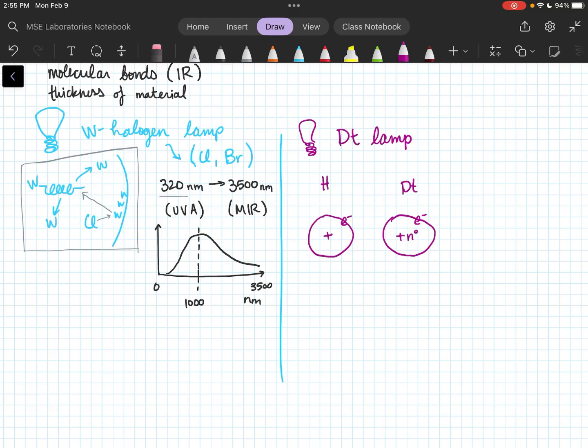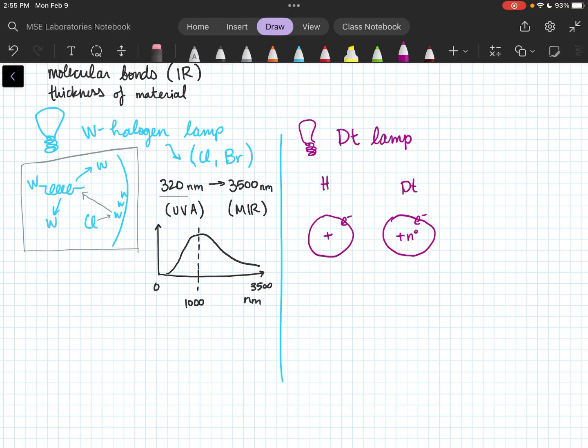If you ever hear people talk about heavy water, it's water where some of the hydrogens have been replaced with deuteriums. There's just a bunch of extra neutrons floating around. They don't make a huge difference on the scale that we care about in this conversation.